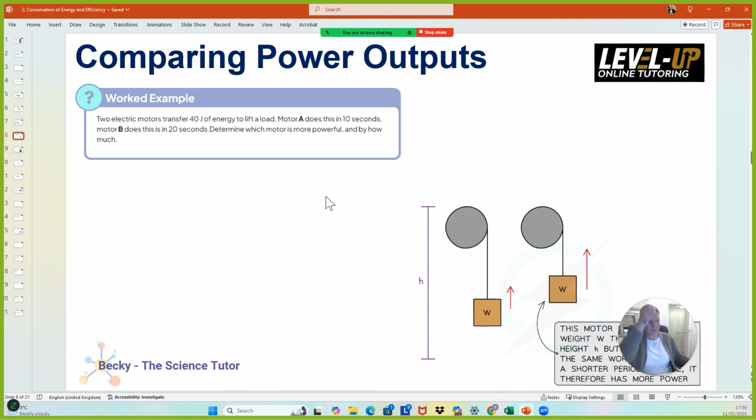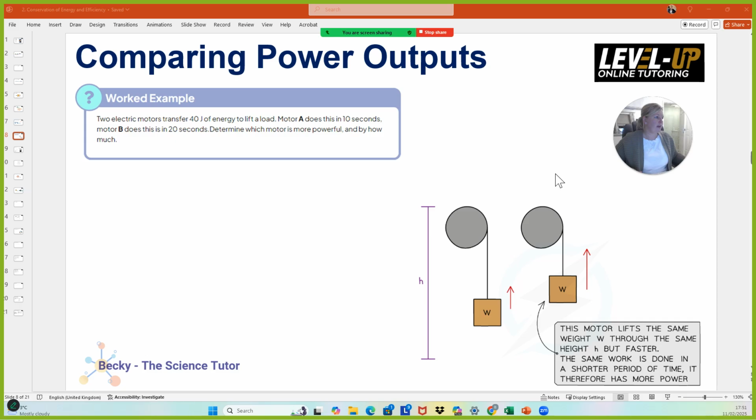Okay, so what we can do, whoops, let's just move me out of the way, is use this to compare power outputs. If we work out the power of these 2 different motors, we can see represented from that diagram of those boxes with W's on, we've got the weight.